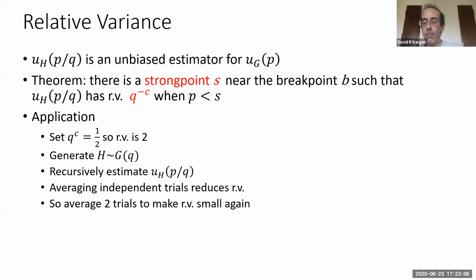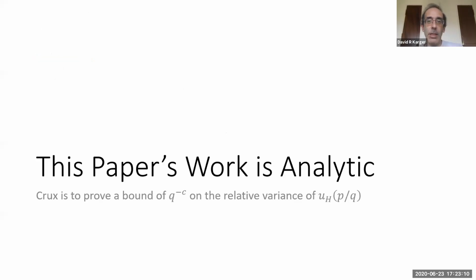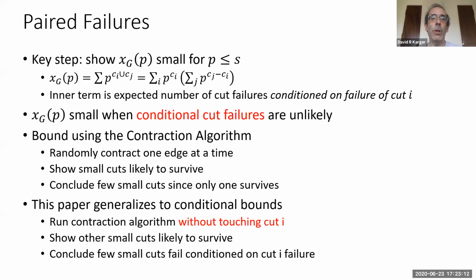I'm going to wrap up just by jumping to the conclusions, because I think that this paper leaves some interesting open questions. The first one is whether there is a linear time algorithm for unreliability.